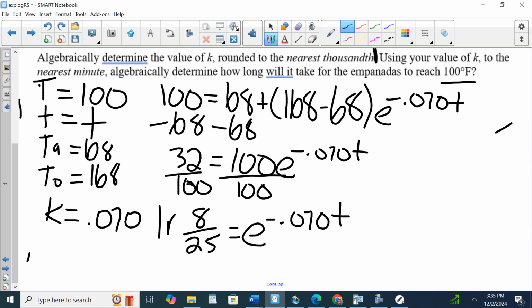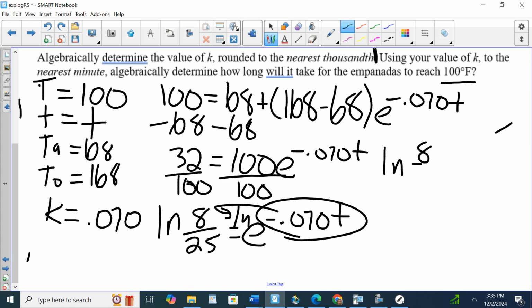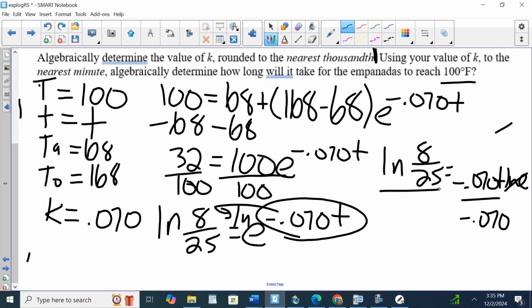Now that I'm isolated, ln of both sides. The reason I do that is that comes to the front. ln 8 over 25 equals negative 0.070t. ln e cancels. Divide by negative 0.070.